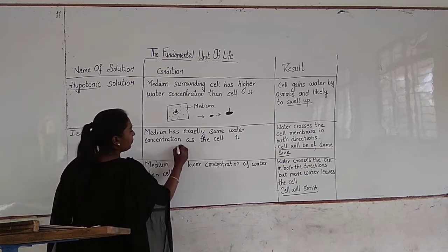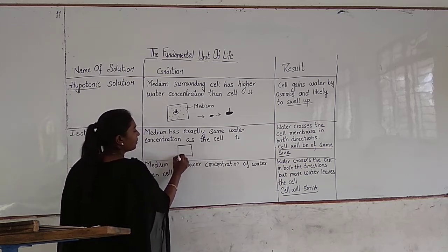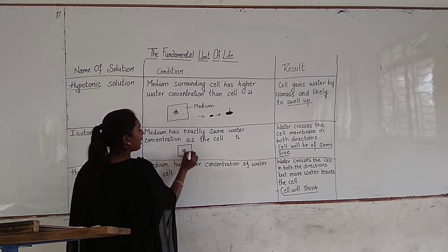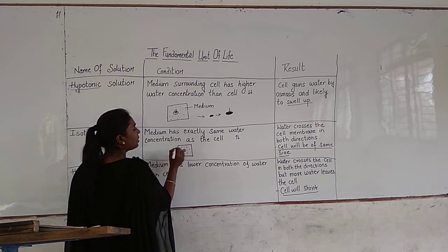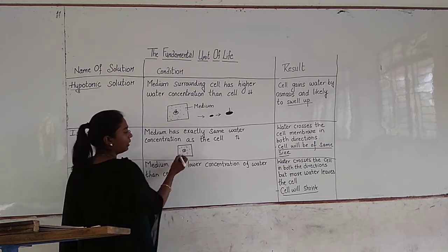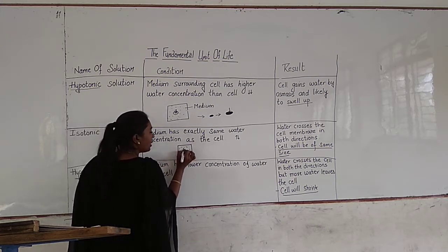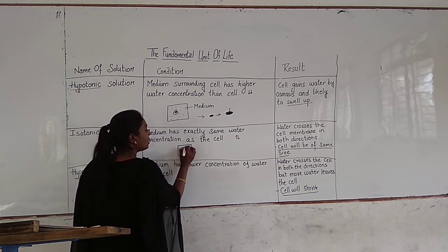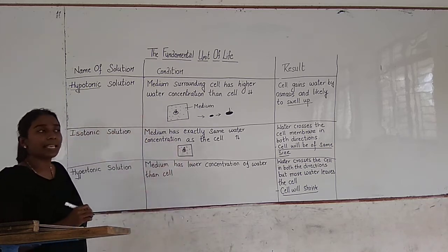Now, in a medium, a cell is placed, okay? So it is having a water concentration which can be sugar or salt. Here, the water which enters and the water which goes out is same.